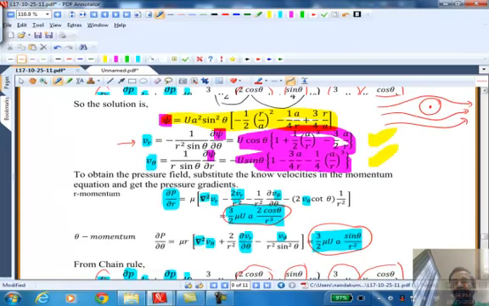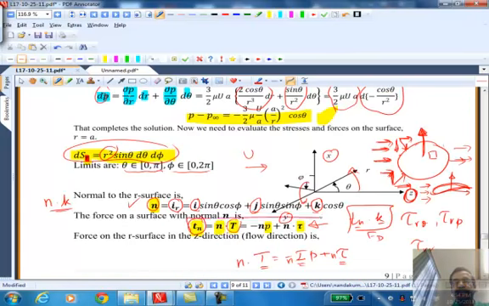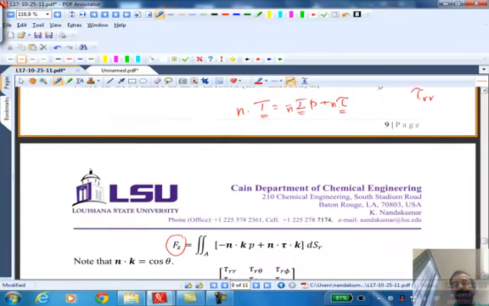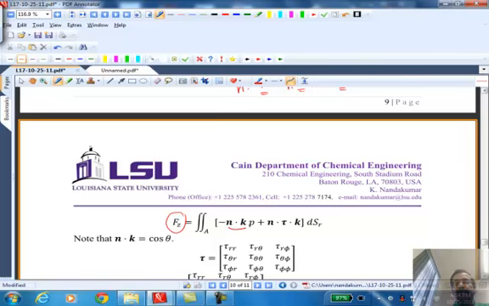This expression, n p plus n dot tau, and I dot it with K. So n dot K and n dot tau dot K. What would be the resultant of that calculation? It's a scalar number because it is a component of the force in the Z direction. So n dot K will be a scalar, and n dot tau will be a vector, but the resultant of that dotted with K will be a scalar.